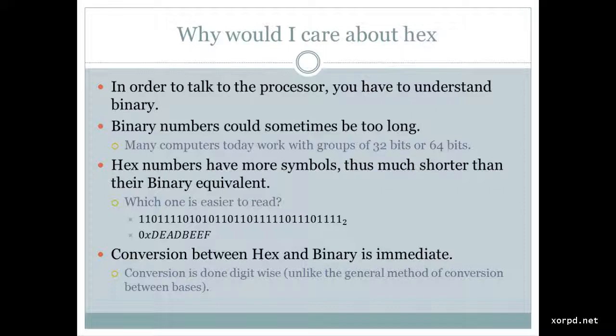This is important. Binary numbers are very comfortable to work with, mostly because they have only 2 symbols, 0 and 1. It's so simple. However, sometimes they become too long, mostly because they have so few symbols. Many computers today work with groups of 32 bits or even 64 bits.